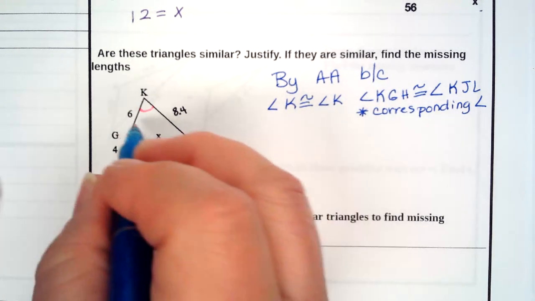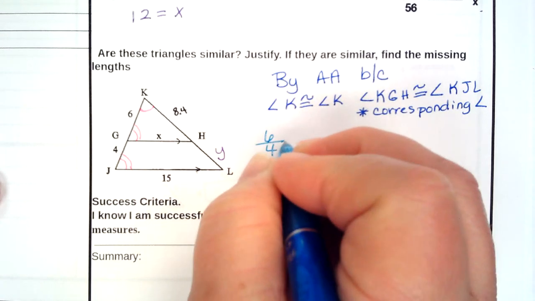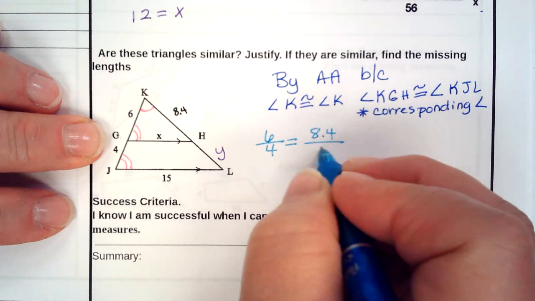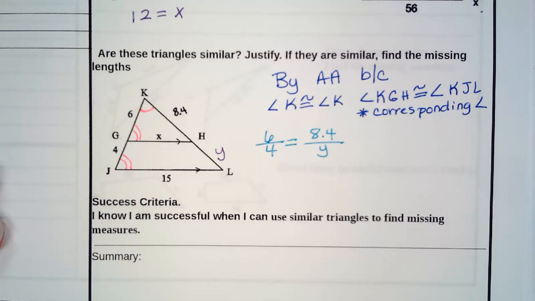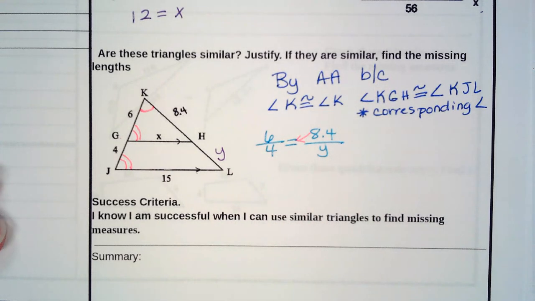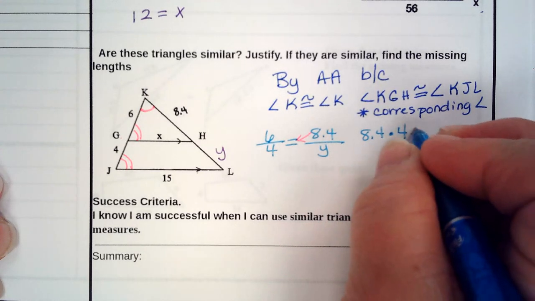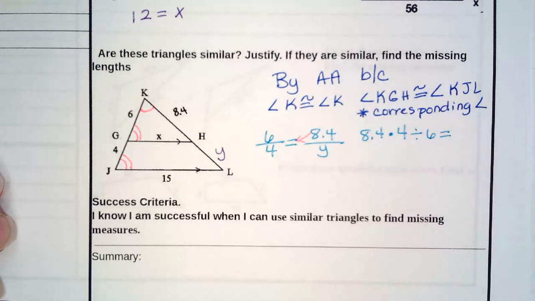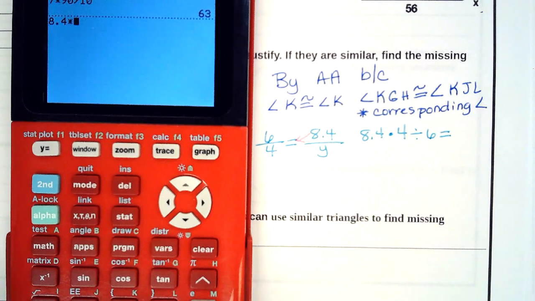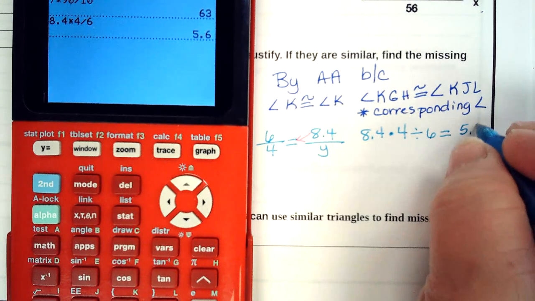Let's go top to bottom. 6 over 4 is equal to, across from 6, 8.4 over y. Once again, we multiply and then divide. 8.4 times 4 divided by 6. And you ended up with 5.6.